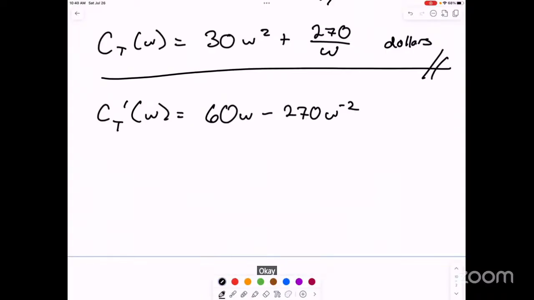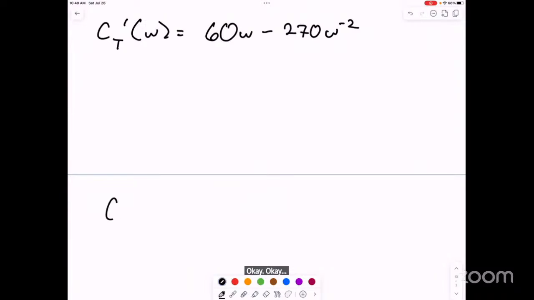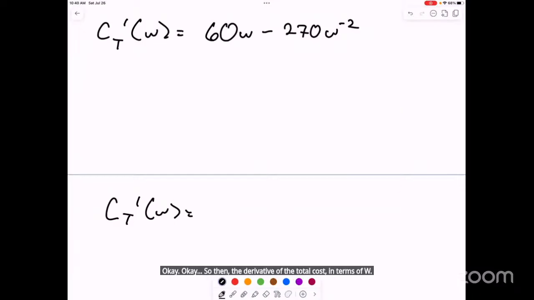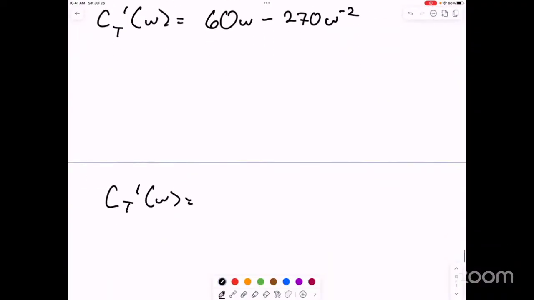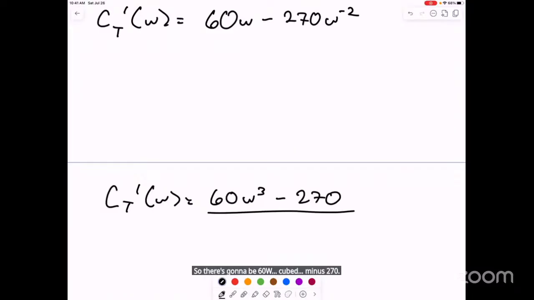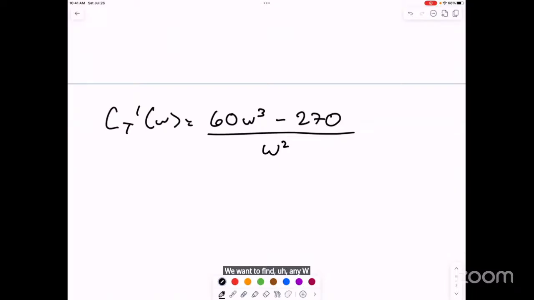Okay. So then the derivative of the total cost in terms of W, so there's going to be 60 W cubed minus 270 all over W squared. Okay. We want to find any W that makes the numerator 0 or the denominator 0.